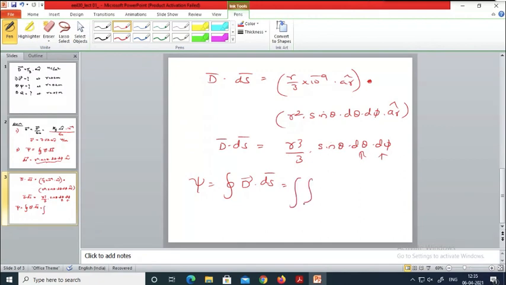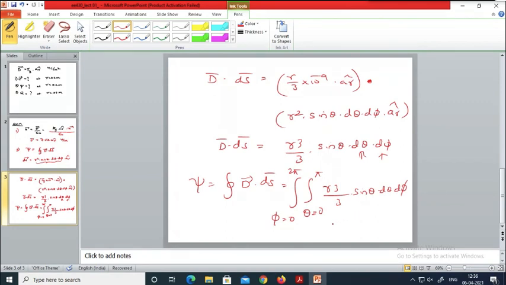So phi is 0 to 2 pi, theta is 0 to pi, r cube by 3 into sine theta into d theta into d phi.